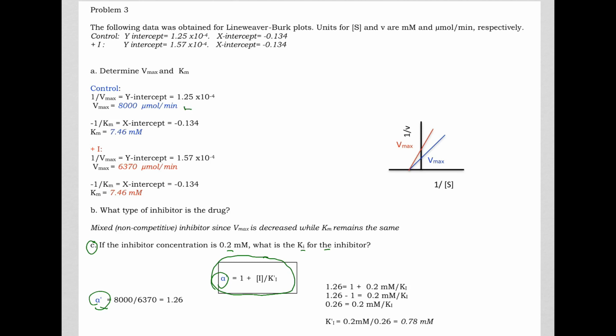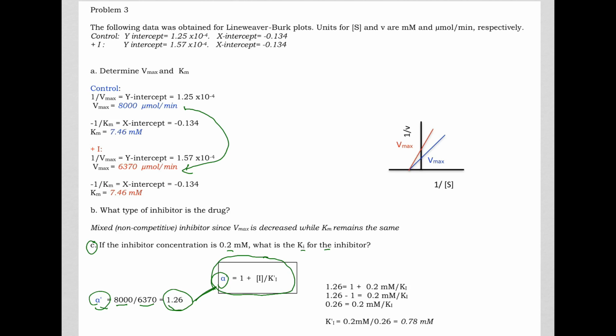From 8,000, it went down to 6,370. So 8,000 divided by 6,370. We see that the Vmax has decreased by 1.26 fold. So alpha here is 1.26.